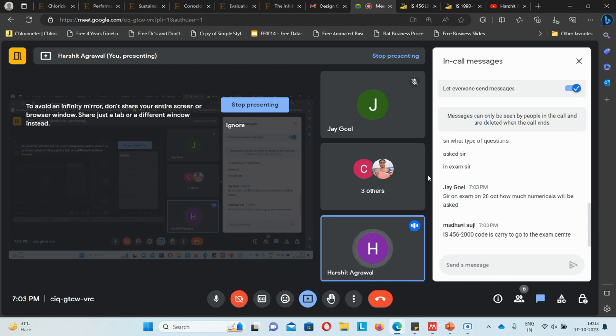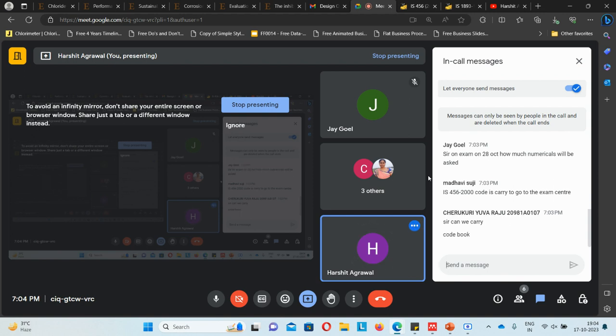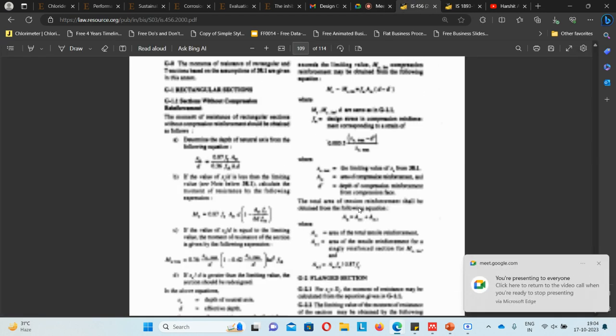You can't remember all the clauses and all the values, so they should allow you to carry the code. Yeah, it should be allowed. Or if it is not allowed, all the codes or clauses that are relevant to the question will be attached.